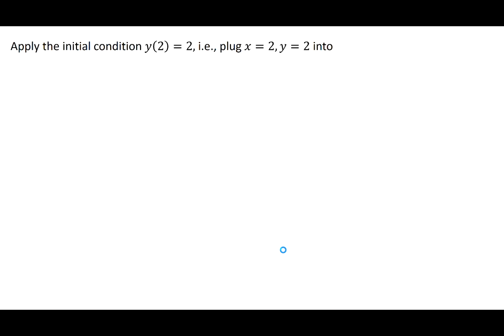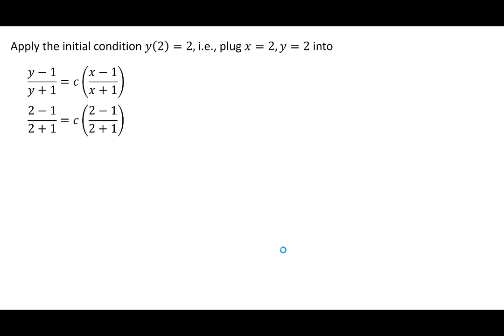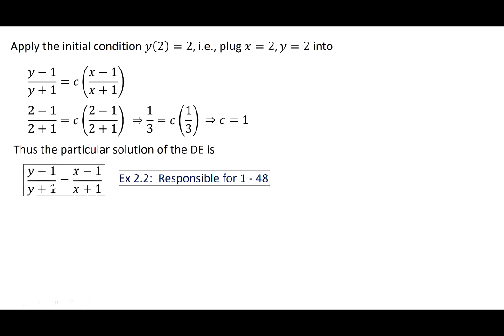Y of 2 equals 2, that is, plug x equals 2 and y equals 2 into this one. And when we do that and solve for c, we get c equals 1. So that means the solution is y minus 1 over y plus 1 equals x minus 1 over x plus 1.